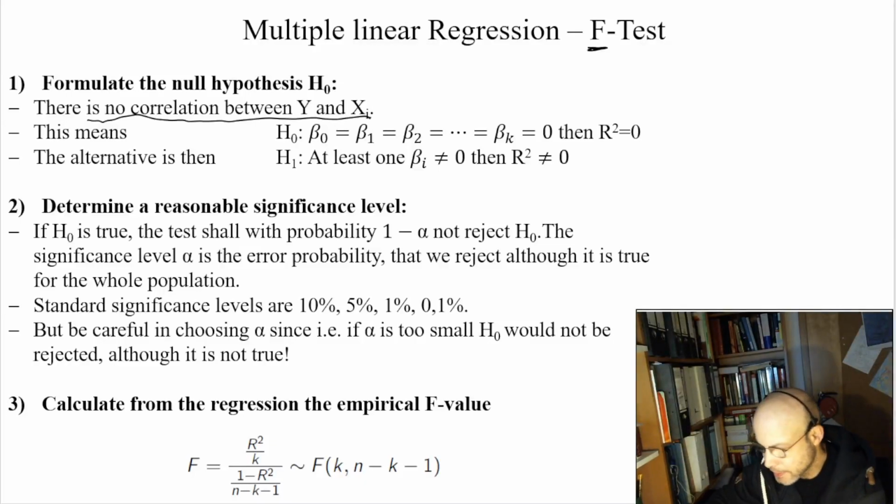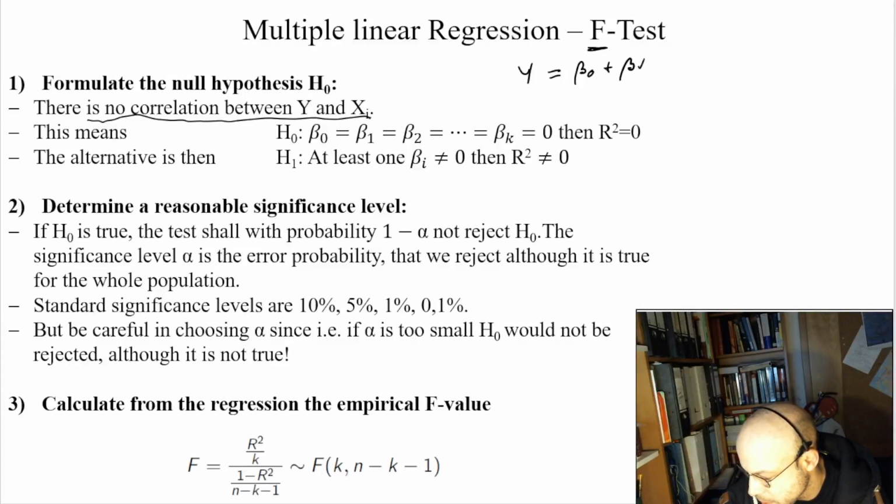What does this mean? Our model was y equals beta 0 plus beta 1 x1 plus beta 2 x2, and so on.